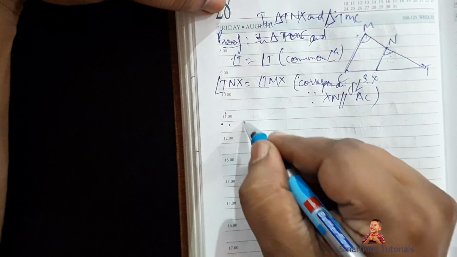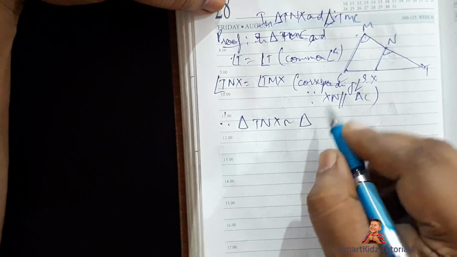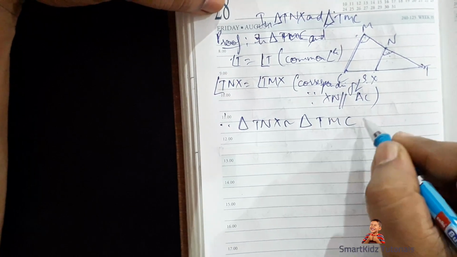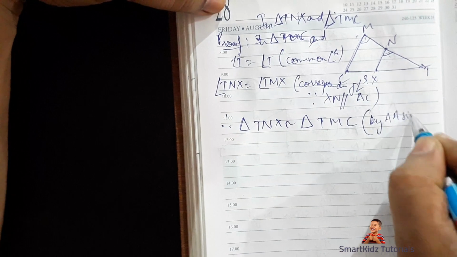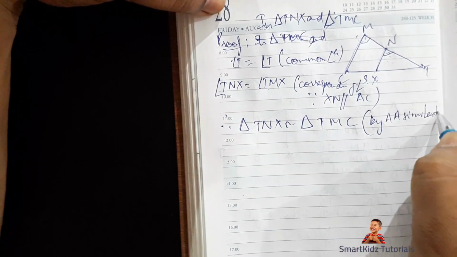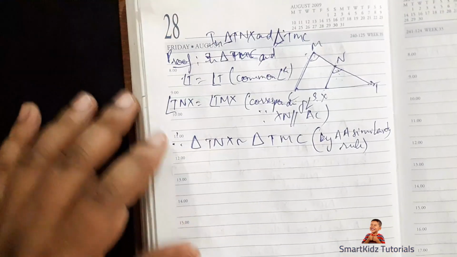And therefore we can say triangle TNX is similar to triangle TMC, by AA similarity rule. So we have proven these two triangles similar.